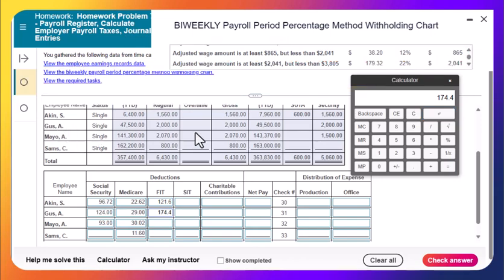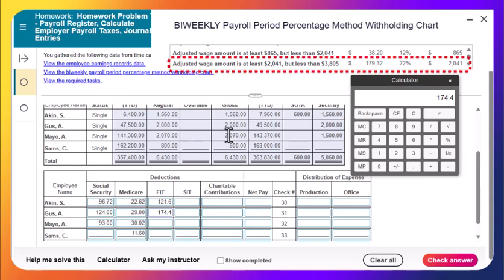And then Mayo here is a little bit tricky because it does fall into the next row on that withholding chart. So there will be that fourth row. The adjusted wage amount is at least $2,041, but less than $3,805. So for that row, we'll clear this out.